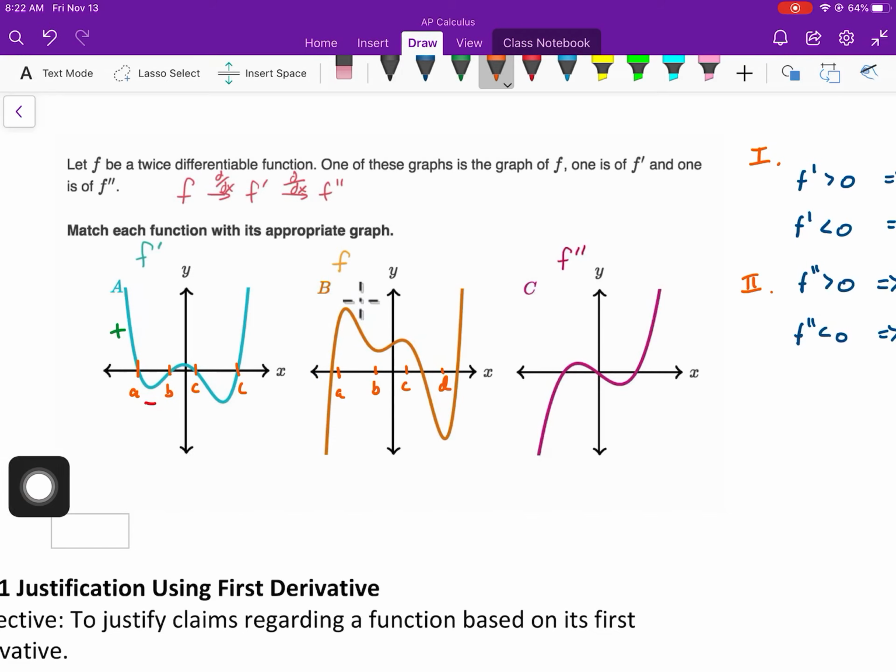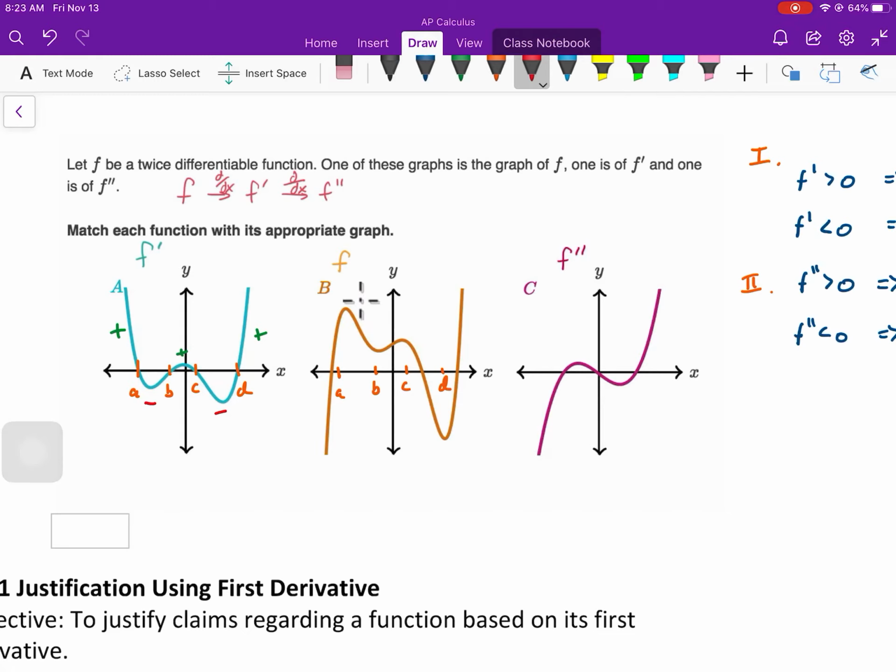And then from B to C, we're positive again because we're above it. And so you can see our graph is increasing again. Then from C to D, it's negative again, so we're decreasing again. And then it's positive from there on, and you can see that it's increasing.